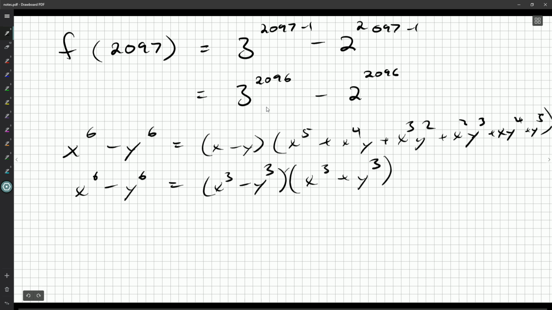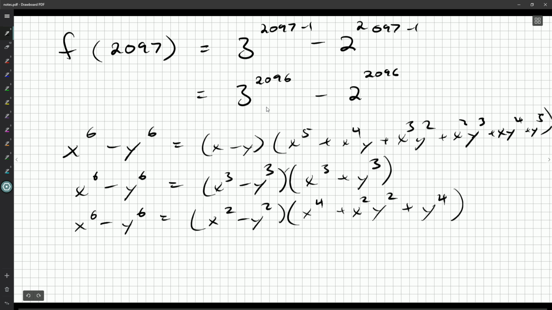That works. Or you can write it as, there's lots of different ways to do this. X squared minus y squared. You get x to the 4, so it'll go down by x to the 2 each time. And up by y to the 2 each time. So there's lots of ways to write these out, depending on what we want to do.